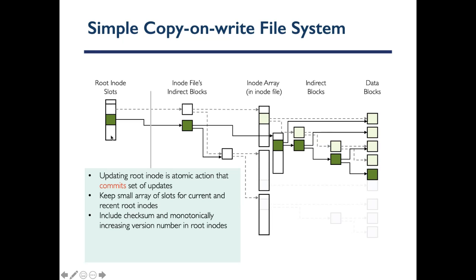And potentially when you go down, you can just come back and rewrite on the old ones because they're just not used anymore, right? So if you crash, you can just check the version number and the checksum to find which one of these slots is the current version that you can use.